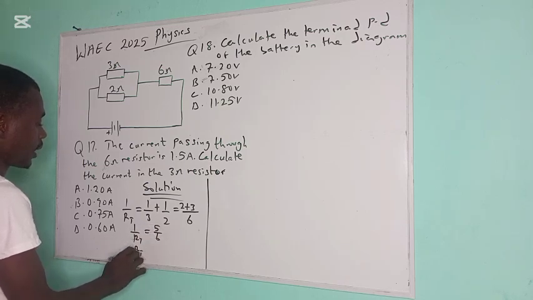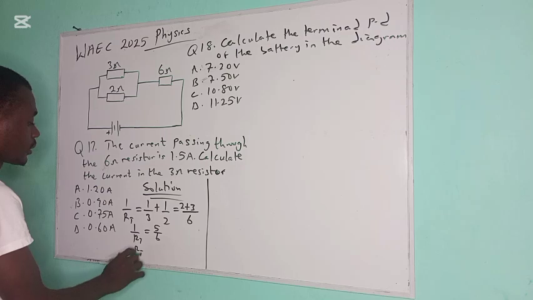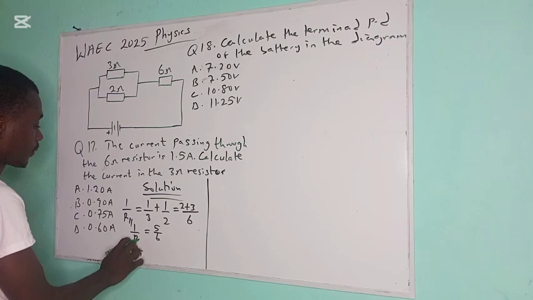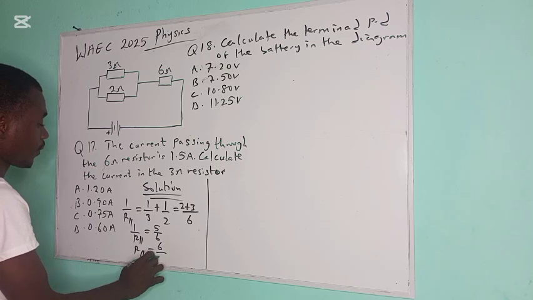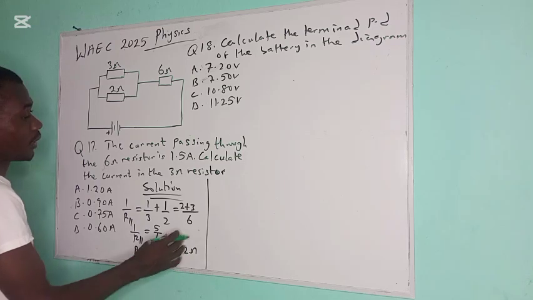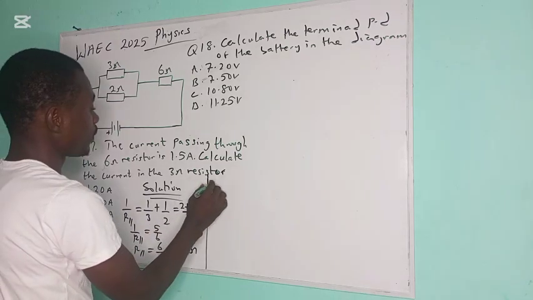So R parallel is 6 over 5, which is 1.2 ohms.